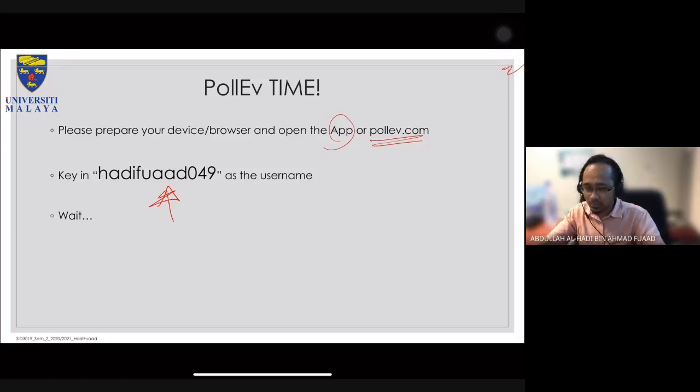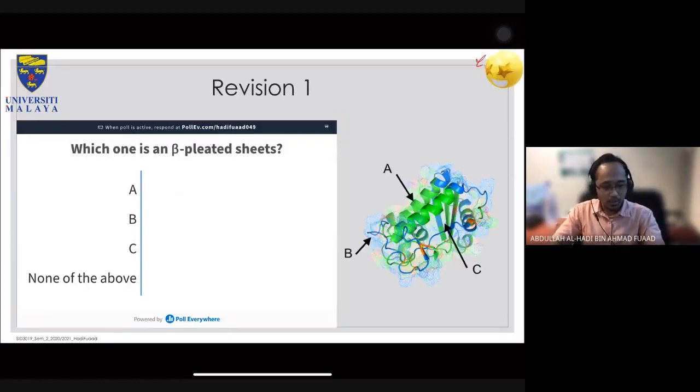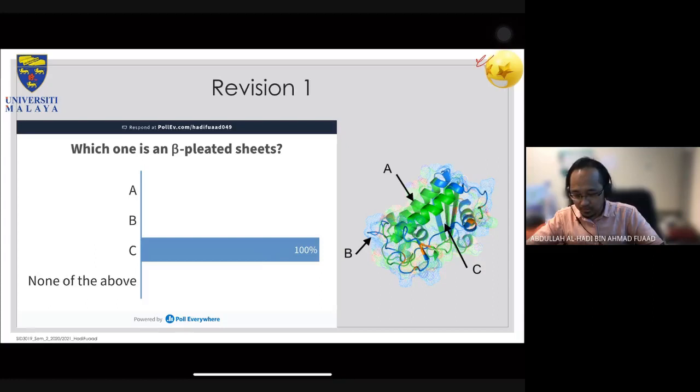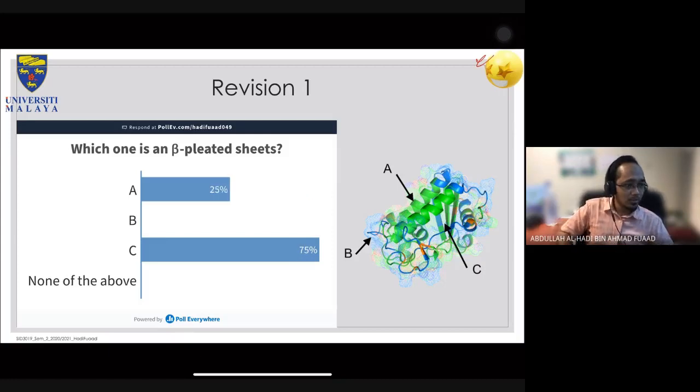All right. So first question. Which one is a beta sheet formation? If you look at the structure, A, B, or C? If you want to do it now, you can do it now.